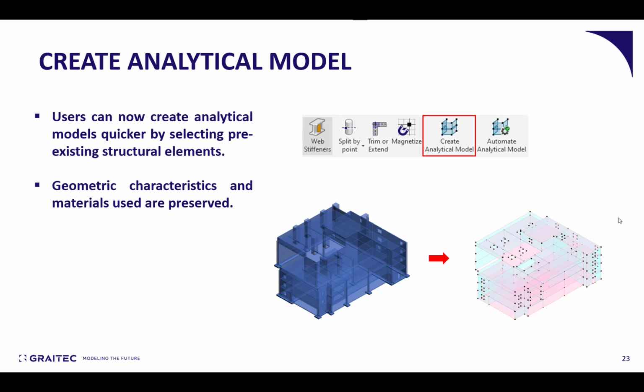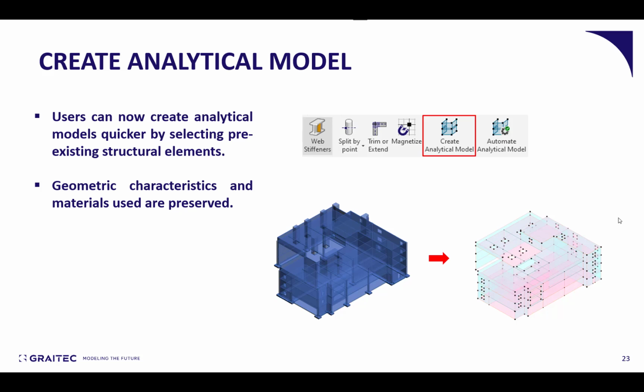As I mentioned at the beginning of my presentation, Autodesk Revit proposes a tool, I think it's Automate Analytical Model, the one which is based on Dynamo scripts. What we are proposing here is simply a click and play tool without any big settings to place.